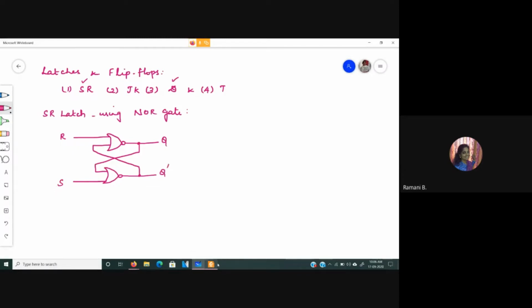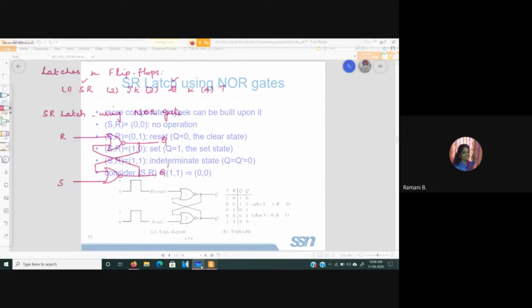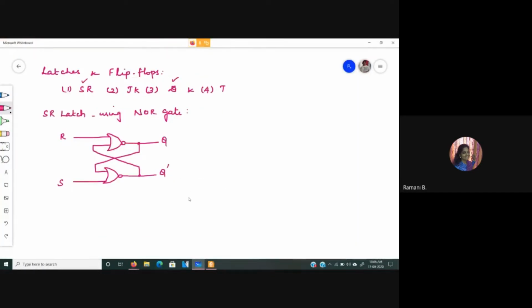That is what we saw just previously, that you will be having 2 outputs, one for the normal value and the other for the complement value, and this is our cross coupled NOR gate structure.